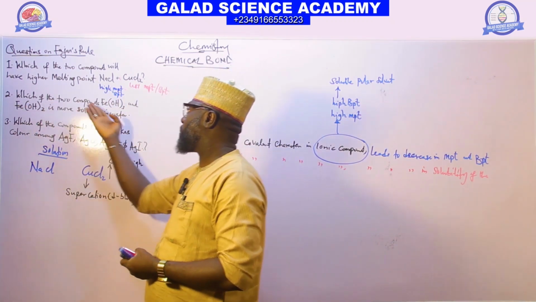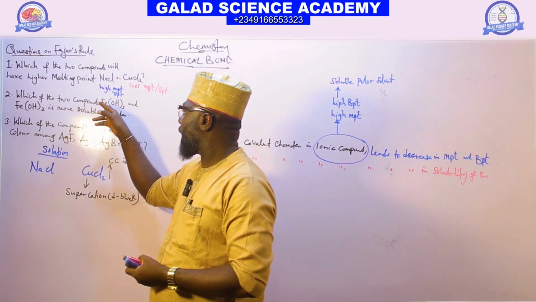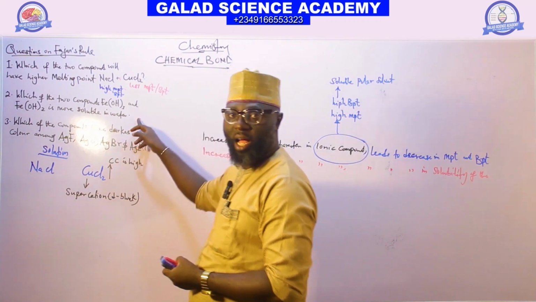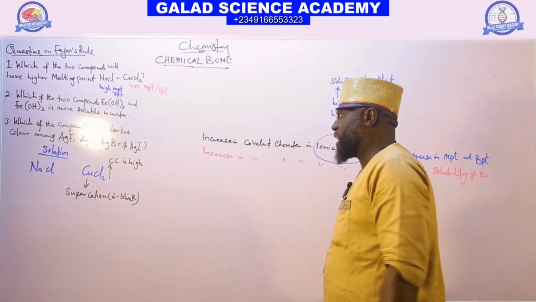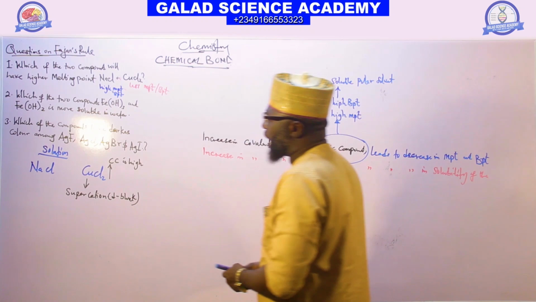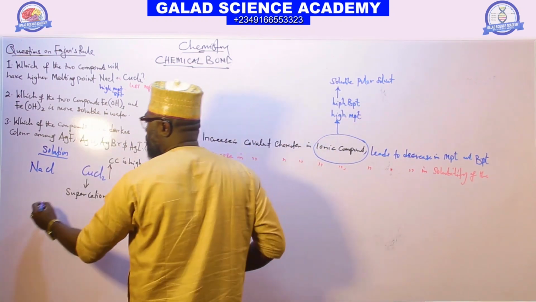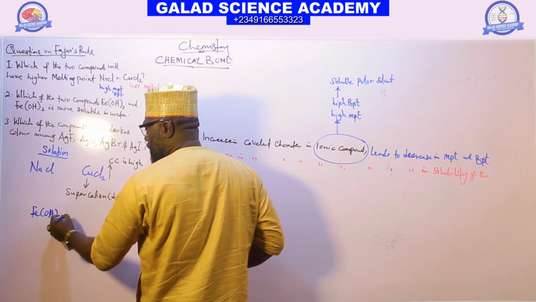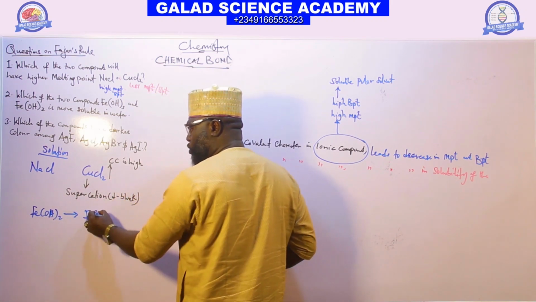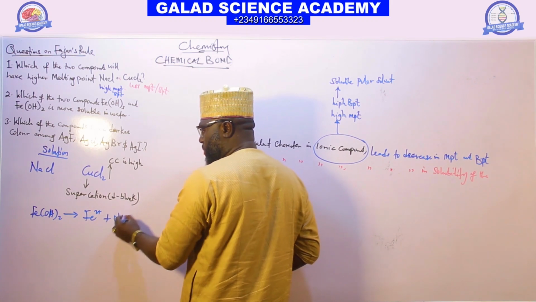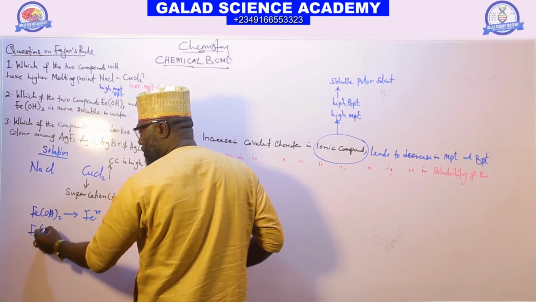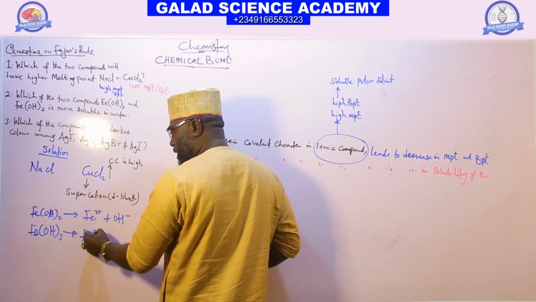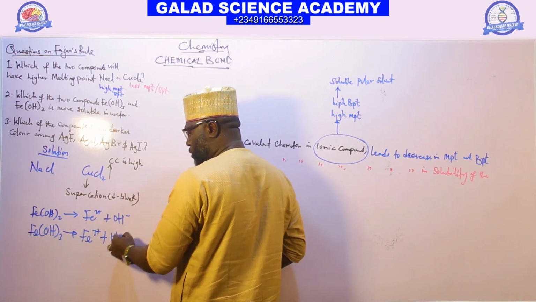Which of the following two compounds, iron 3 oxide and iron 2 oxide, will be more soluble in water? That one is very easy. Look at question number 2. Iron 2 oxide ionizes to give us Fe2+ and OH-, whereas iron 3 oxide will ionize to give us Fe3+ and OH-.